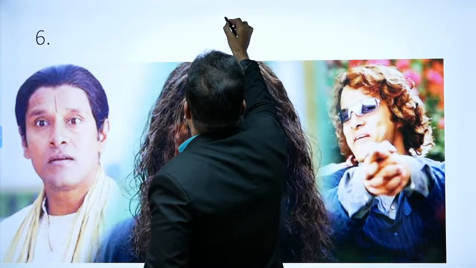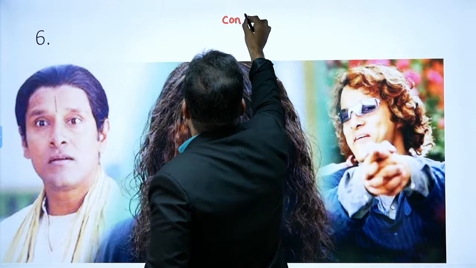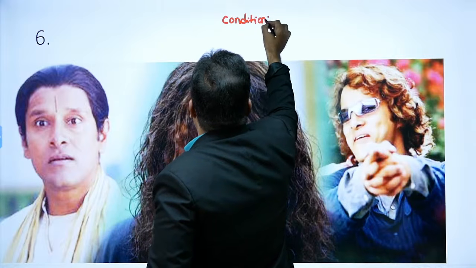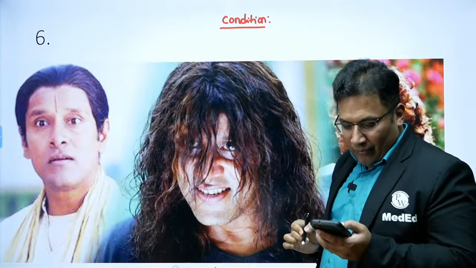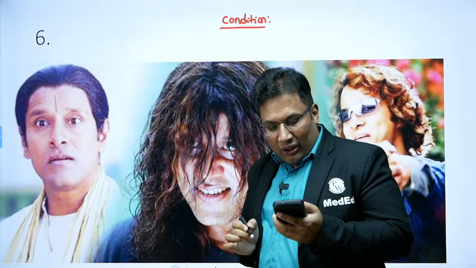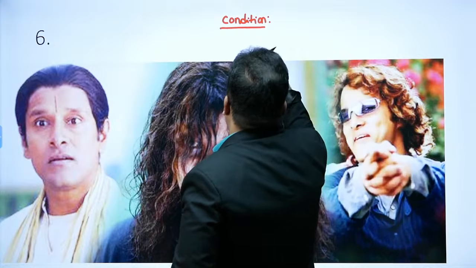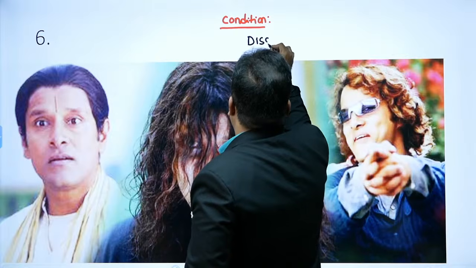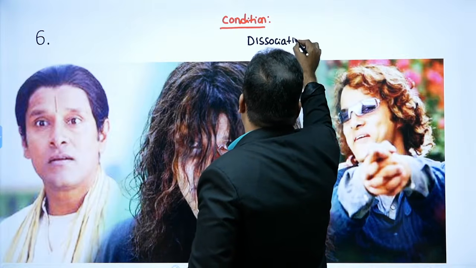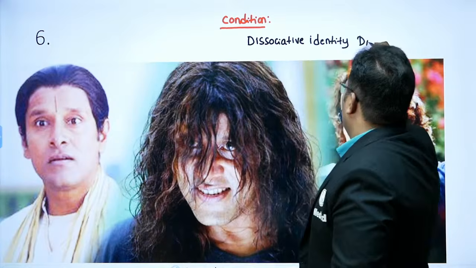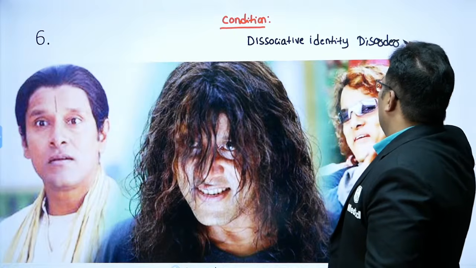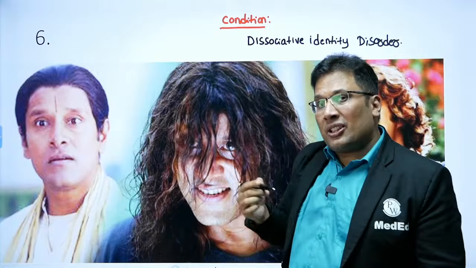What is this condition? So identify this condition. So very simple question. Is it bipolar? Yes, very good, Srinivas. Srinivas answered correctly. So this is dissociative identity disorder, also known as multiple personality disorder.